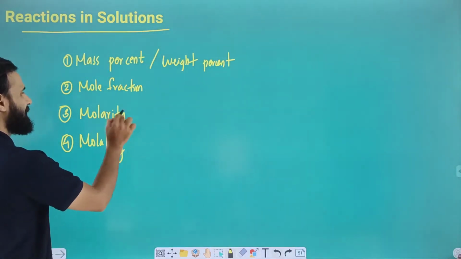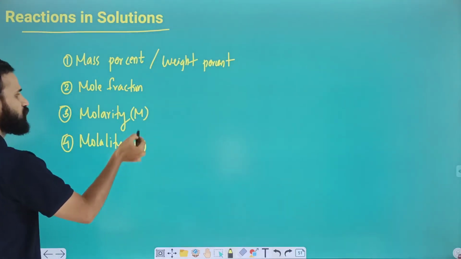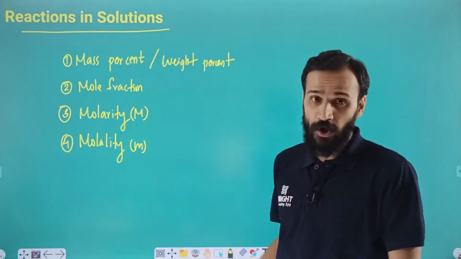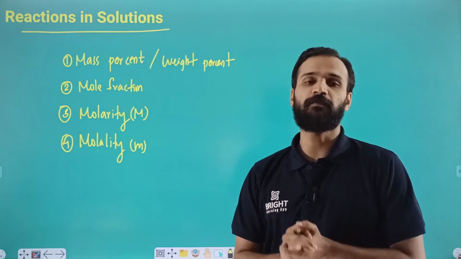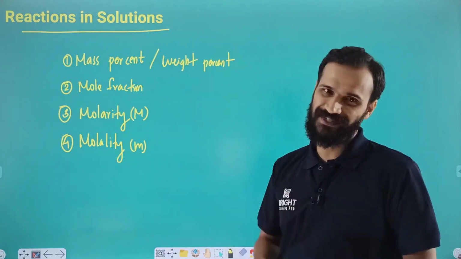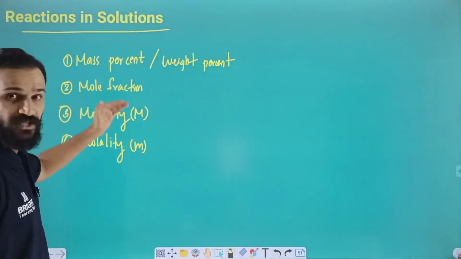Molarity we will represent using capital letter M, and molality can be represented using small letter m. So dear students, these are the four important concentration terms. You can expect one more question from this area, so we want to learn in detail what each term means.